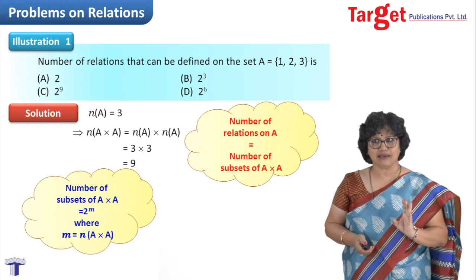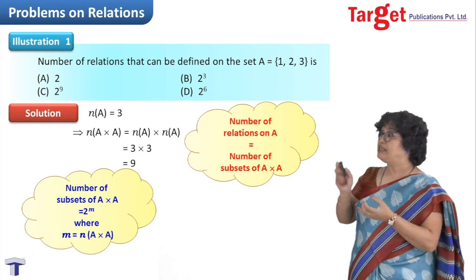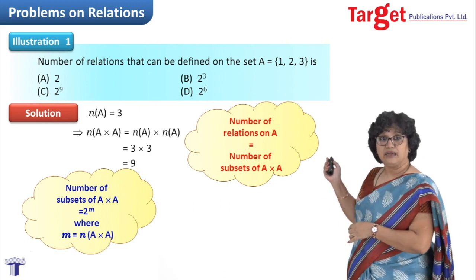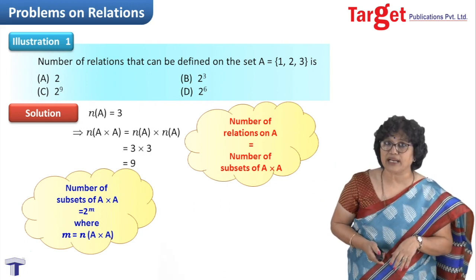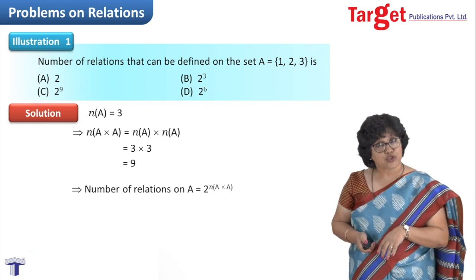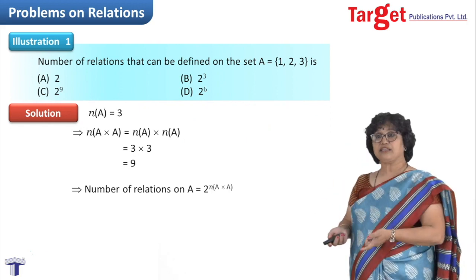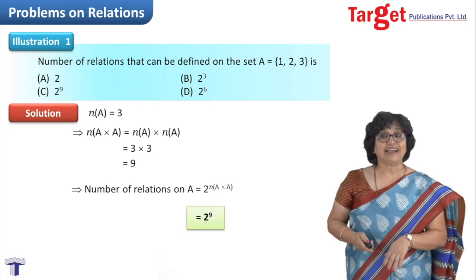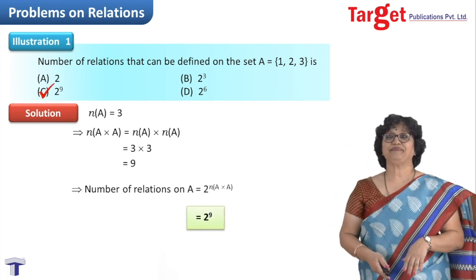I am using that same result here. Now the number of elements of A cross A is 9, so we expect 2 raised to 9 subsets. And the number of subsets is the same as the number of relations, so it should be nothing but 2 raised to 9. So the correct answer is C.